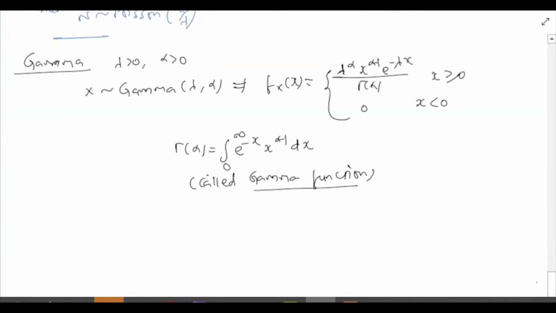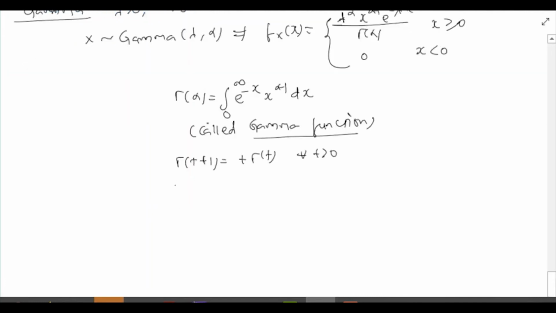The gamma function has a few interesting properties. For instance, gamma of (t plus 1) is t times gamma of t for all t greater than 0. If n is a positive integer, then gamma of n turns out to be factorial (n minus 1). So gamma of n is factorial (n minus 1) for all positive integers n.